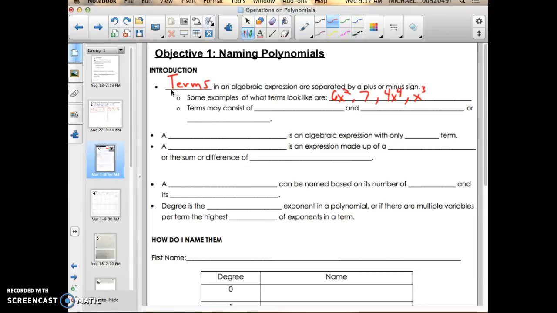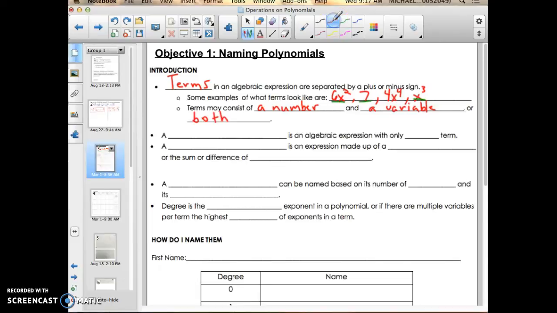Terms may consist of a number, a variable, or both. In this case, this term, 7, is only a number. This term, x cubed, is only a variable, and this term, 6x squared, has both a number and a variable in it. So terms can exist in all three formats.